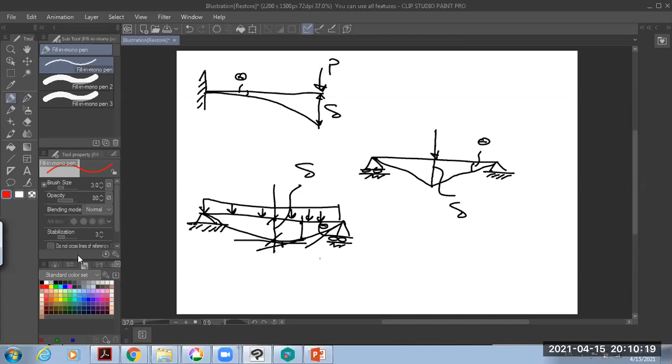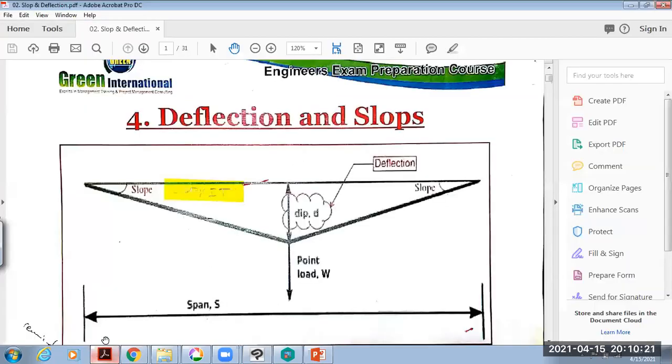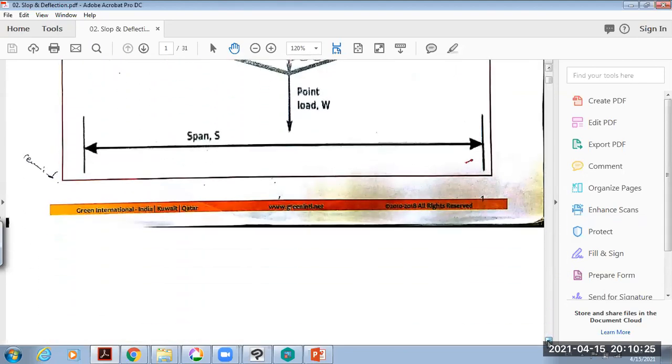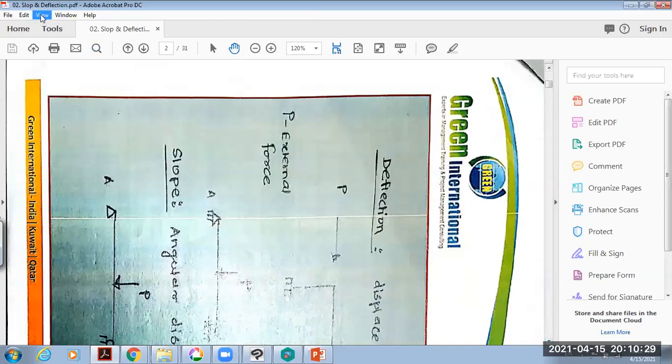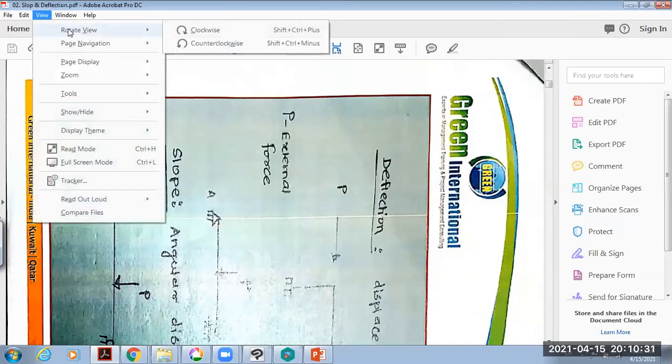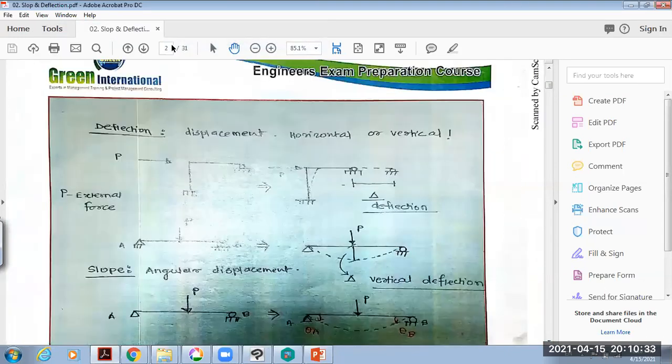Let's see our slides. Frames themselves deflect. If you have a concentrated load at the joint, the frame always deflects at the joint and supports. This is already deflected.